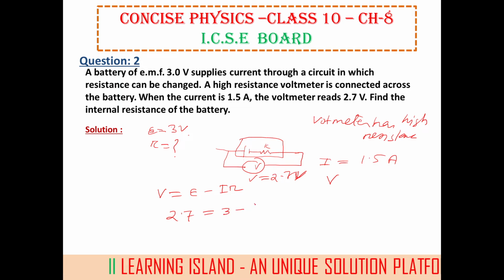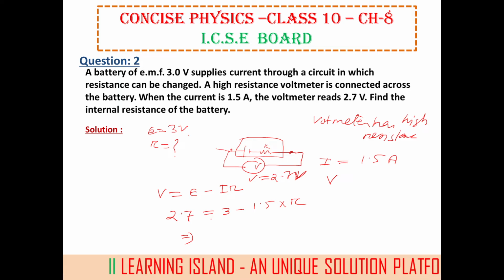I is also given as 1.5, and r is not known. So here you see in the circuit there is no external resistance, so we can directly apply V equal to E minus Ir, because across the two points of the battery only the EMF and the internal resistance are working.